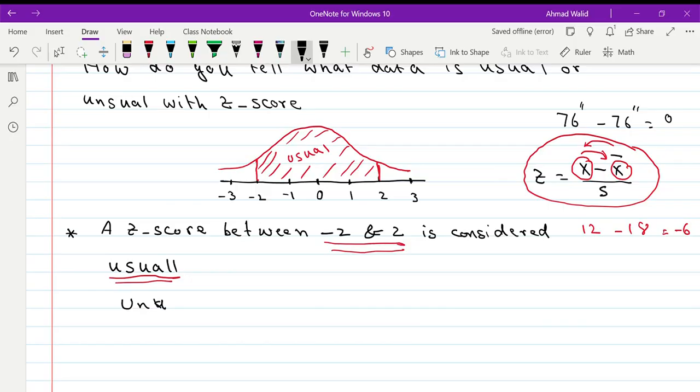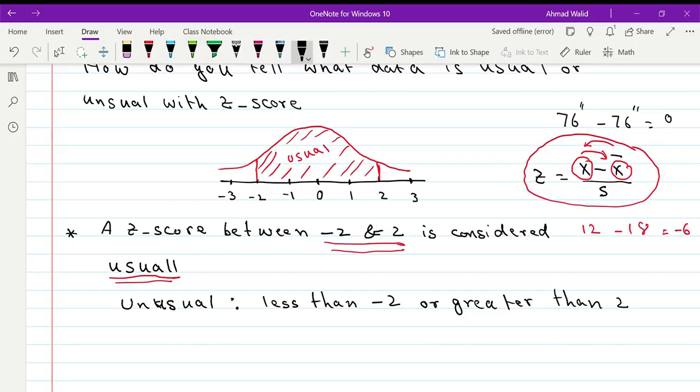What is unusual? Less than -2 or greater than 2.